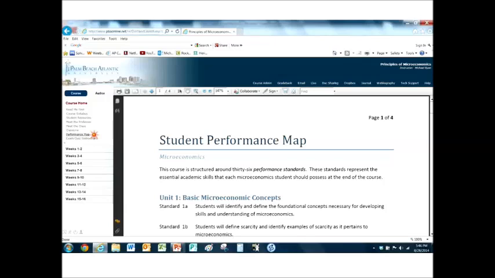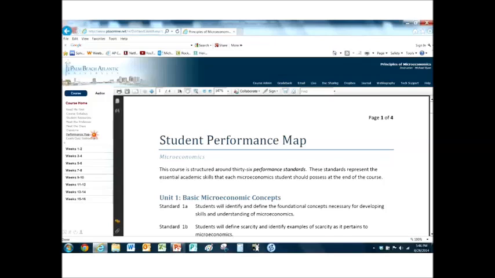The performance map is a list of all of the things that you are expected to know by the end of the semester. The way that this class was created was I sat down with a blank sheet of paper.